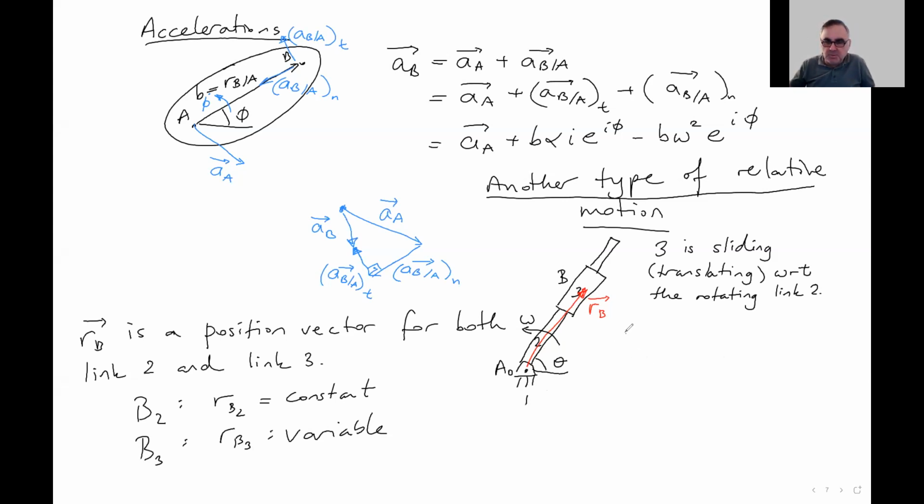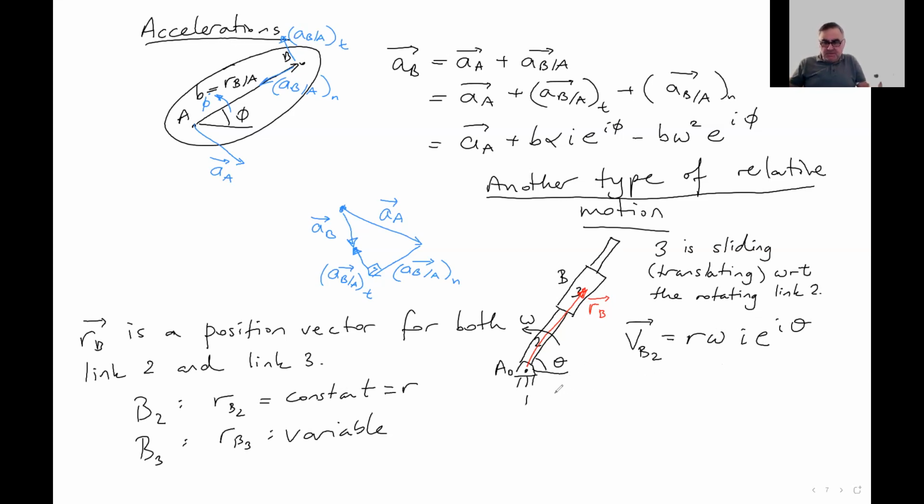The velocity of point B2 will be simply, since we are looking at something on link 2, which is this rod which is rotating, R omega times i e to the i theta, where let's call this distance R. This is the velocity of B2.